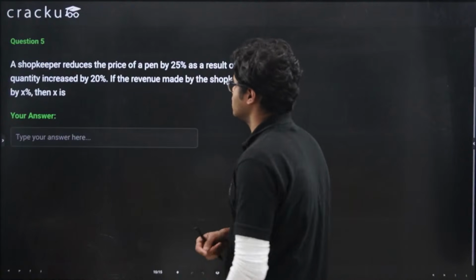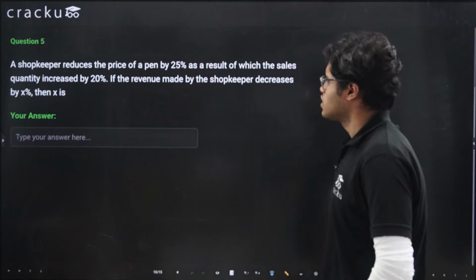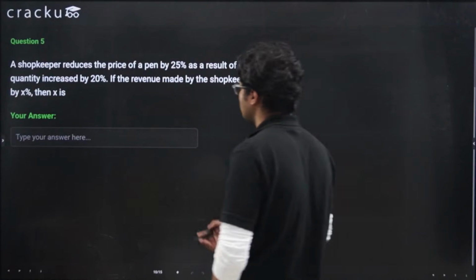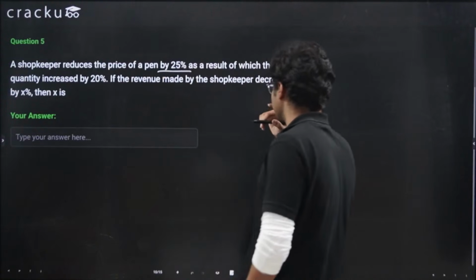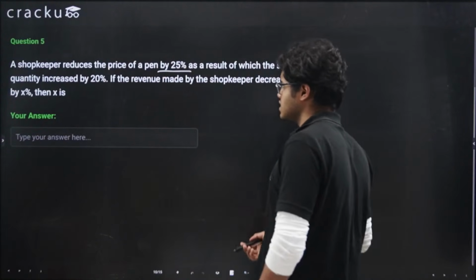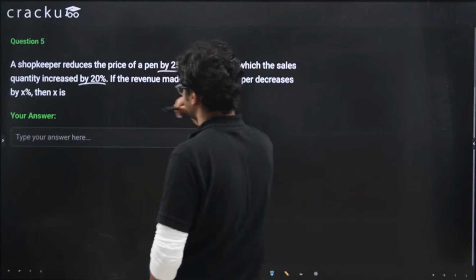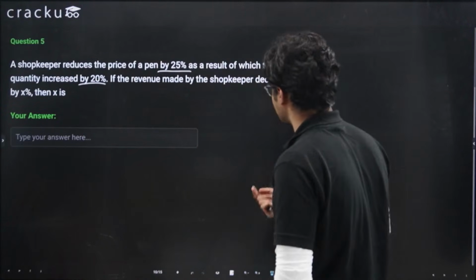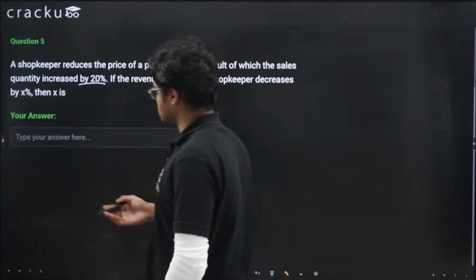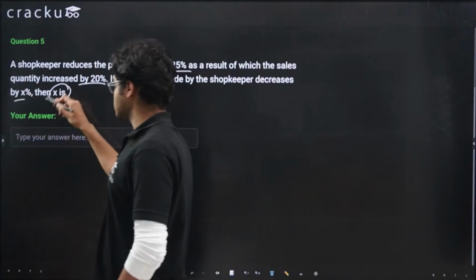So if you see this question, it is asked: a shopkeeper is reducing the price of a pen by 25%, as a result of which the sales is increased by 20%. If the revenue made by the shopkeeper decreases by X percentage, then what is the value of X?